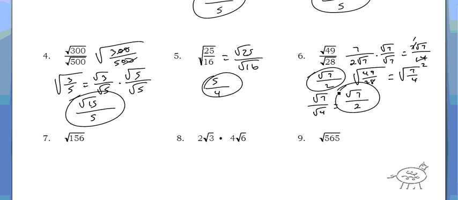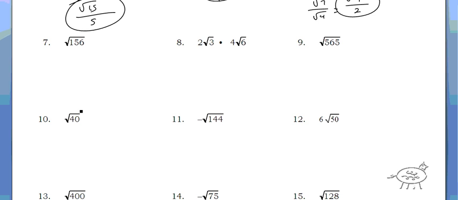Okay, square root of 156, again you're using your calculator, and the first number that goes into that is 4. So it's square root of 4 times 39. 39, can't do anything with it, it's just 3 times 13, so it's just going to be 2 root 39.